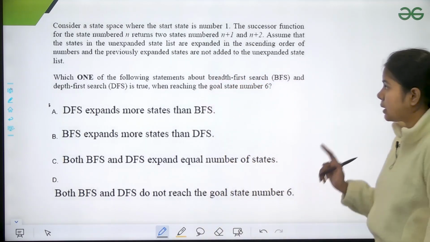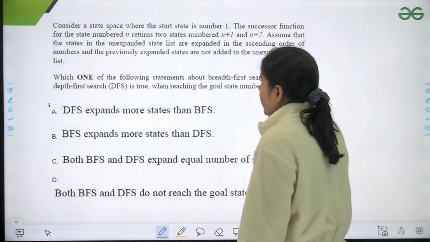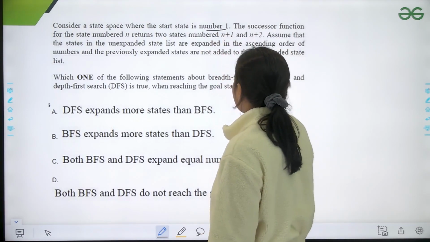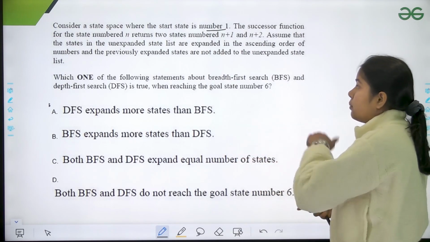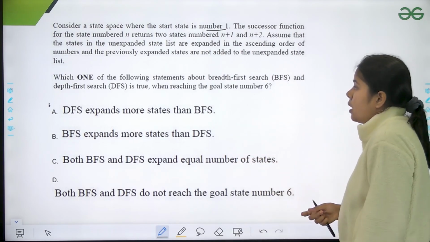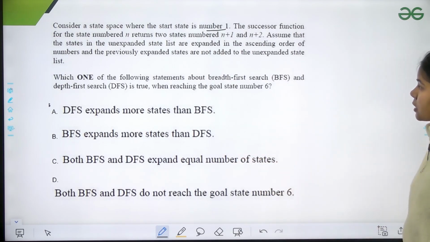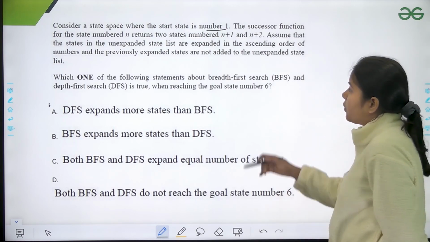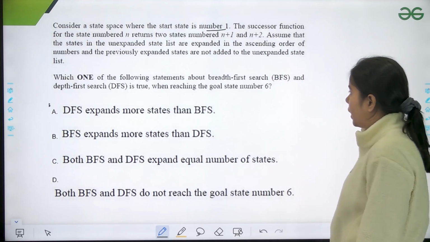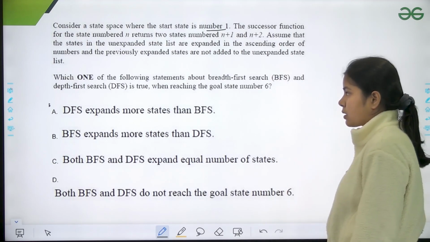It says, consider a state space where the start state is number 1. The successor function for the state numbered n returns two states numbered n plus 1 and n plus 2. Assume that the states in an unexpanded state list are expanded in ascending order of the number, and previously expanded states are not added to the unexpanded state list.